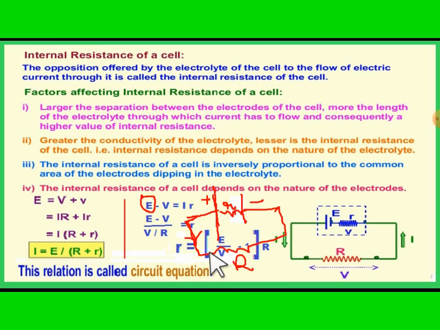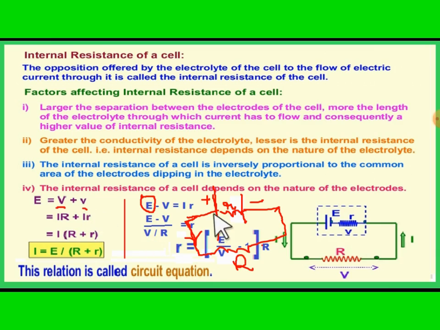The sum of the potential difference across this R and the potential difference across this internal resistance, the potential difference across the cell or across this resistor, we will call simply V, and the potential difference across this internal resistance r will be denoted by small v.